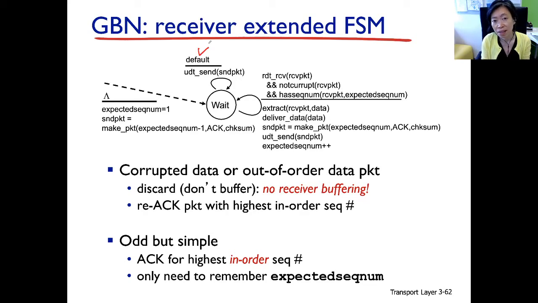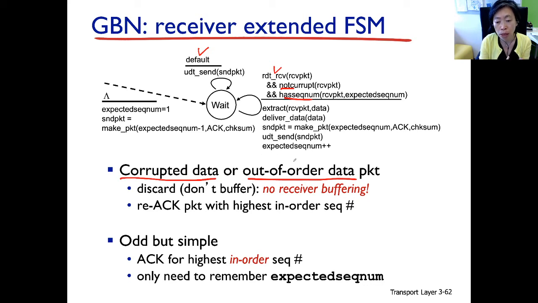And the second case is the default transition. What default means is all the other conditions that don't match the previous transition's condition, which means the data can be corrupted, or the data received is not corrupted but not carrying the expected sequence number. So here, corrupted data or a data packet that's not in the expected sequence number. Now this could be a duplicate data packet.